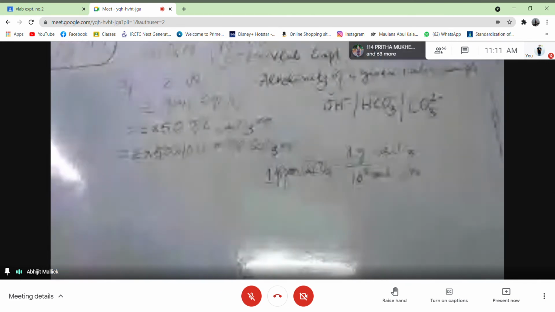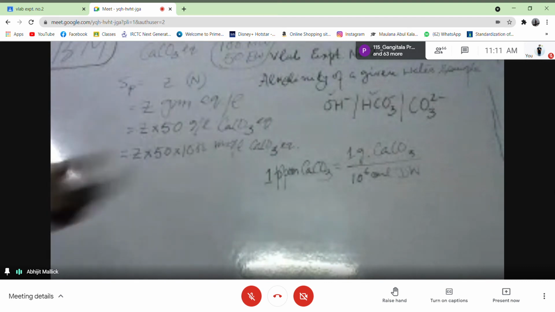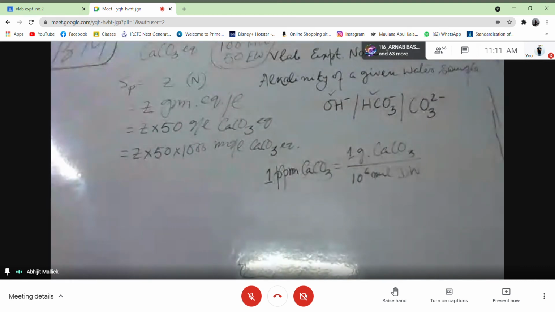So this is the definition of ppm in case of CaCO3. For other material, the material changes. 1 gram CaCO3 dissolved in 10 to the power of 6 ml distilled water.